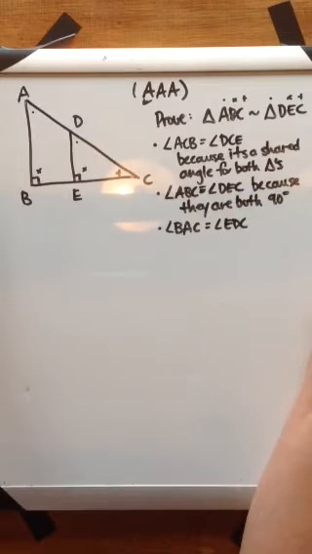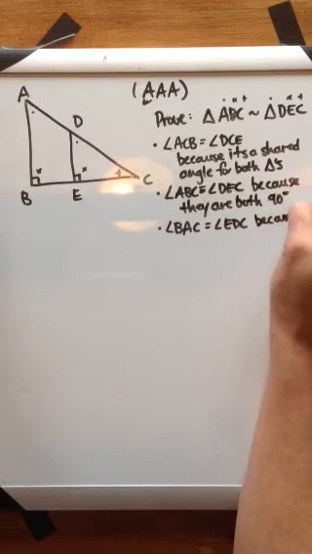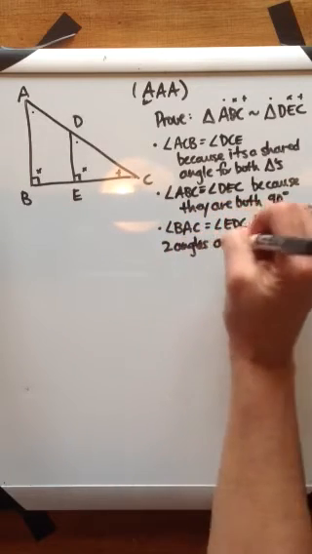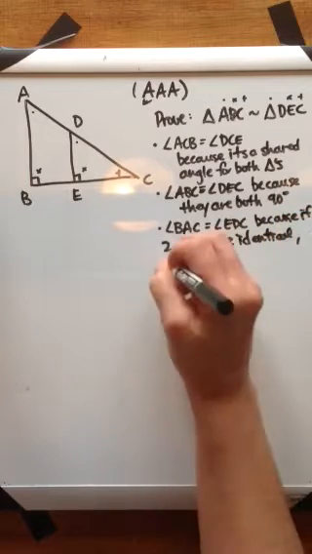And the reason I'm going to do that is I'm going to go back to one of the things that we know exist in a triangle, and that all angles add up to 180 degrees. Therefore, if two of the angles are the same, the third one must be as well. So because if two angles are identical, the third one must be too.